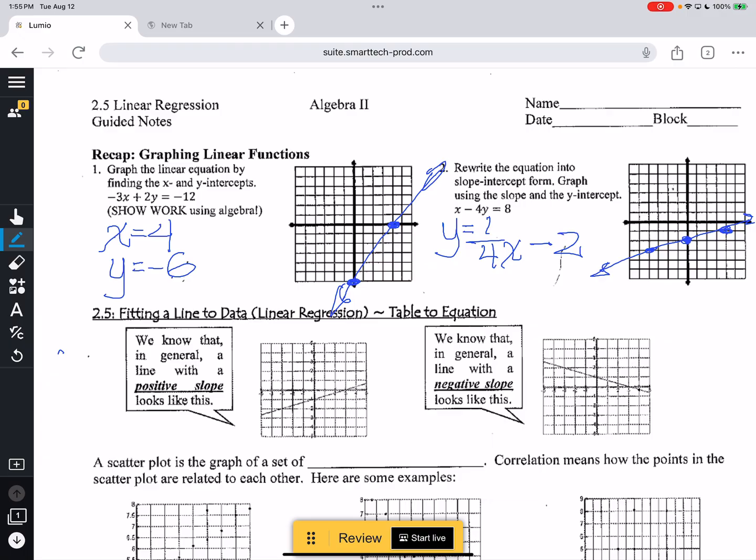Yes, ma'am. Sure. So you're trying to get y equals mx plus b. And so I did negative 4. I'm going to erase right here. It'll be negative 4y equals negative x plus 8. And then divide everything by negative 4.